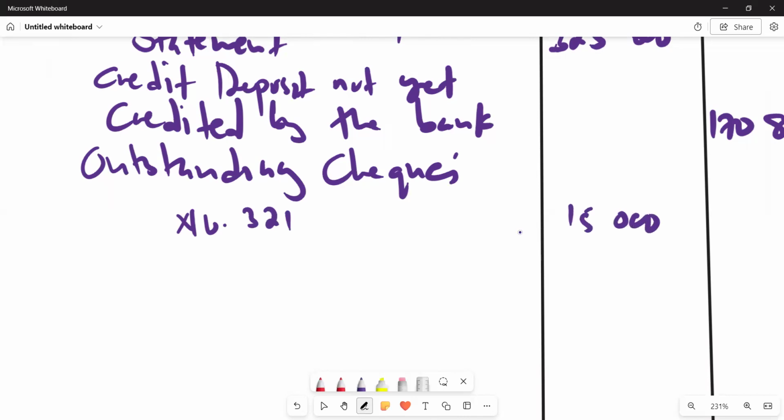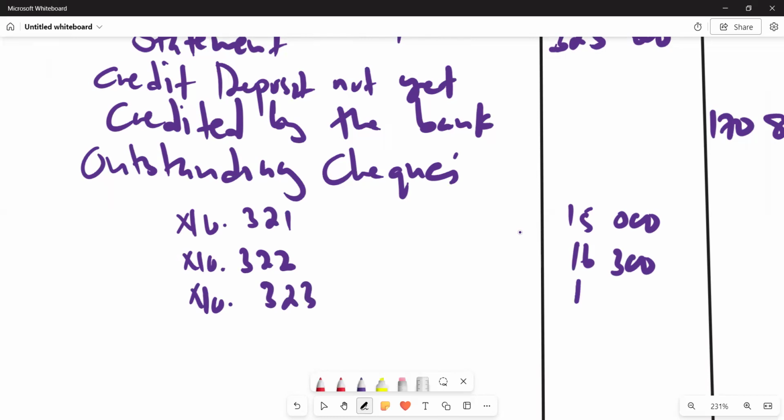Then we have number 322, an amount of 16,300. And then we have our check number 323, an amount of 17,550. So these are the checks that we are given.